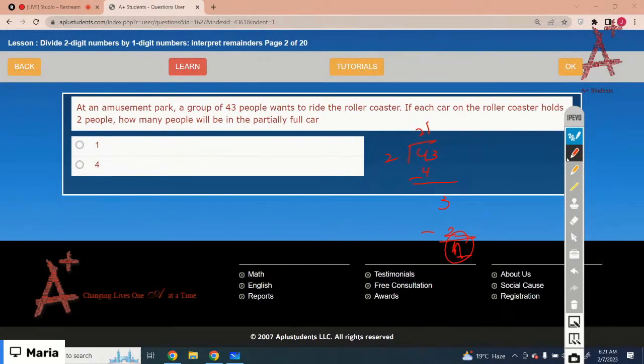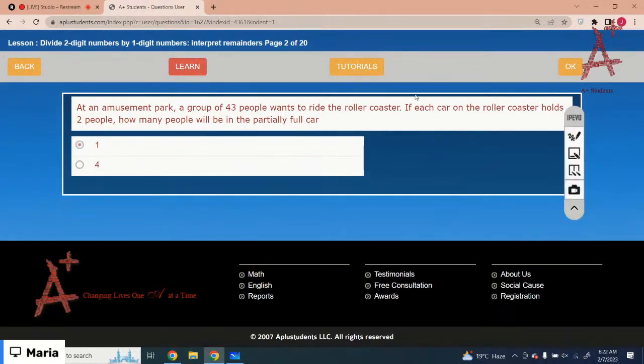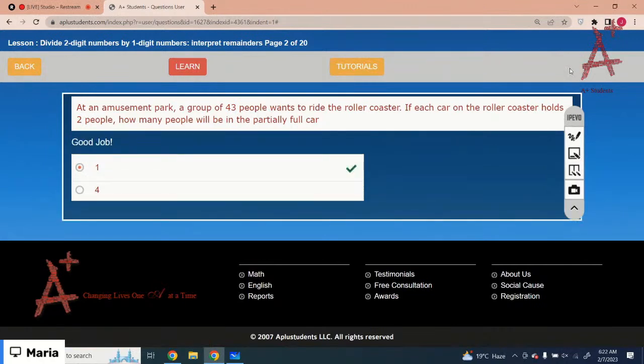That means the last car has only 1 person. Got it? So the correct option is 1. You have to look for the remainders here. Just select the correct option, then click on the OK button.